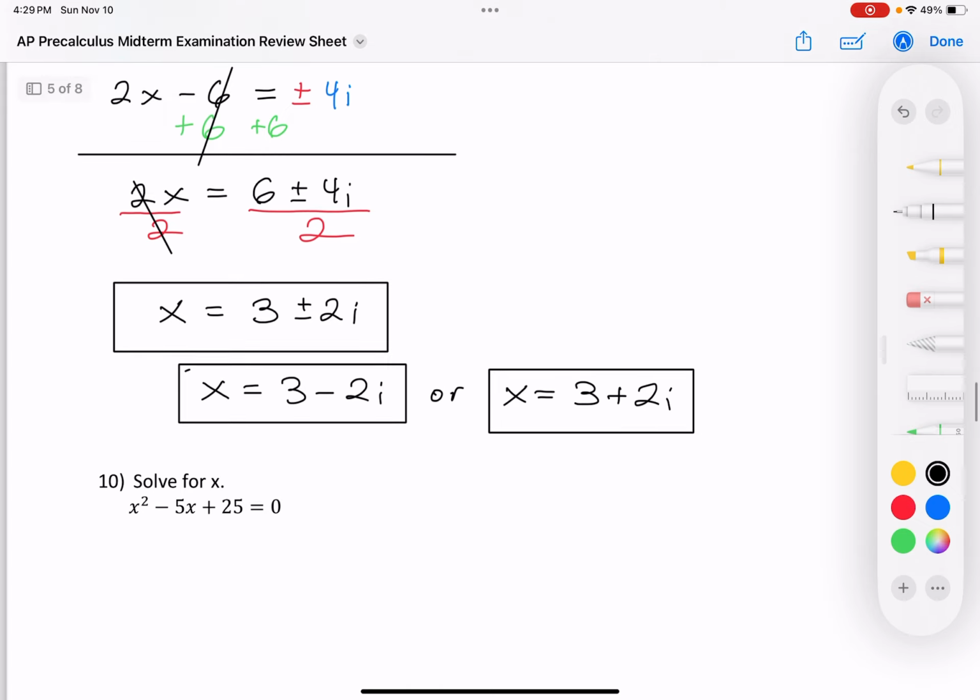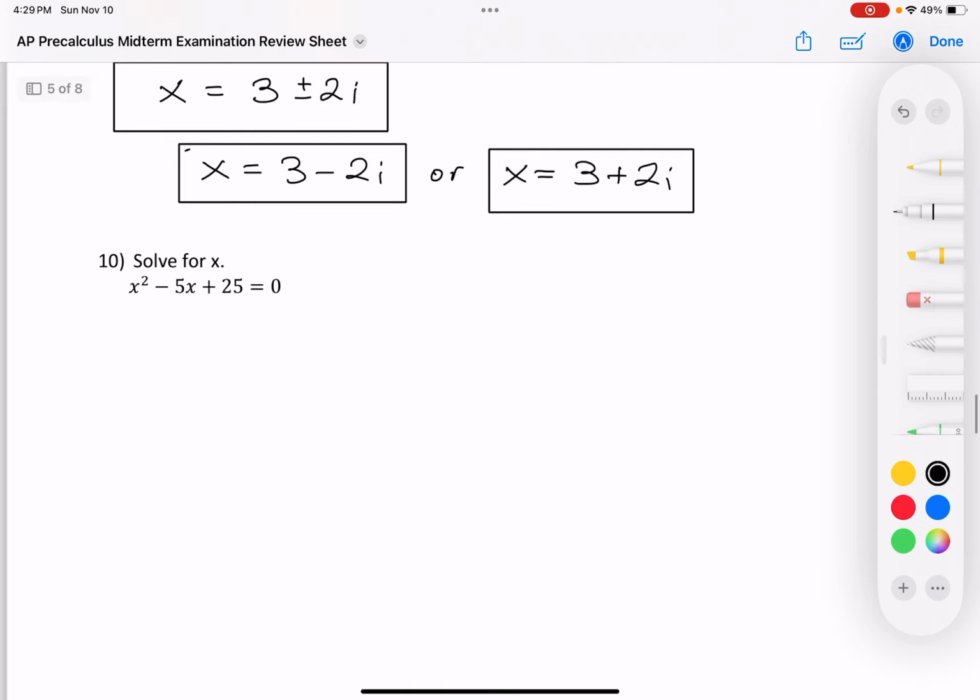All right. For number 10, it says x squared minus 5x plus 25. So you can try to do this by factoring. So you're going to find two numbers that multiply to 25 and add to negative 5. But the only two numbers that multiply to 25 is 1 and 25 and 5 and 5.